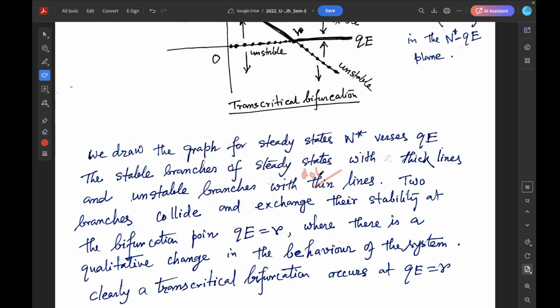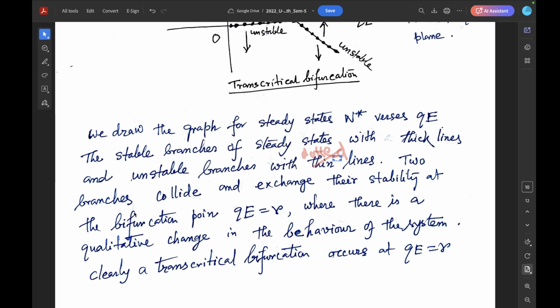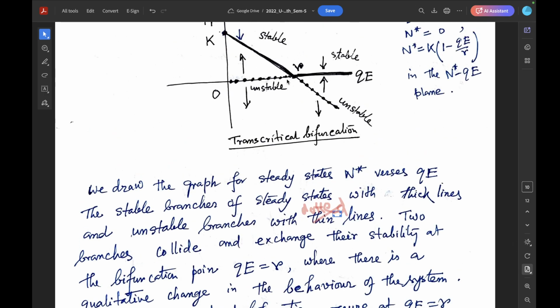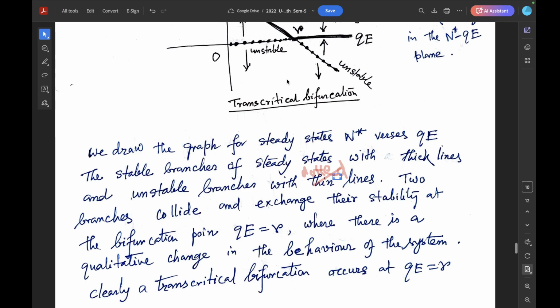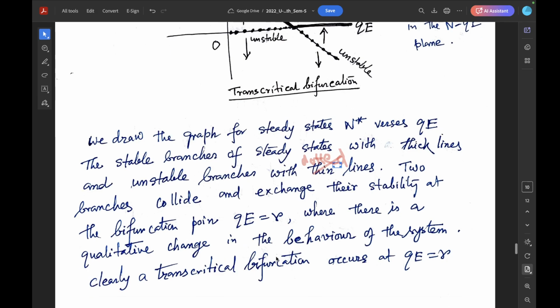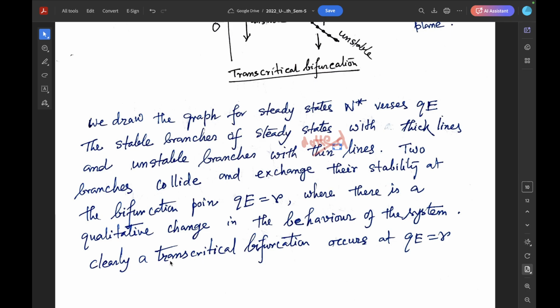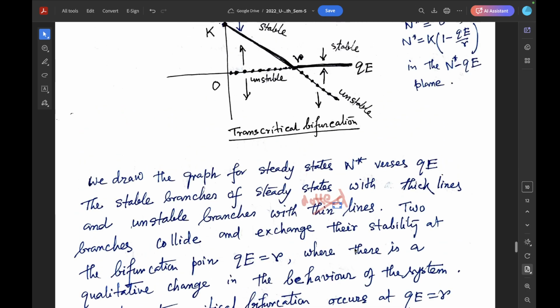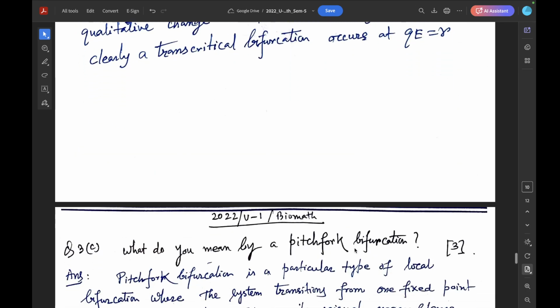Two branches collide and exchange their stability at the bifurcation point Q equal to R, where there is a qualitative change in the behavior of the system. Clearly, a transcritical bifurcation occurs at Q equal to R.